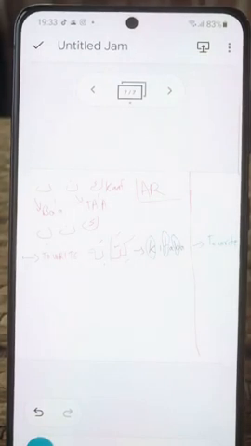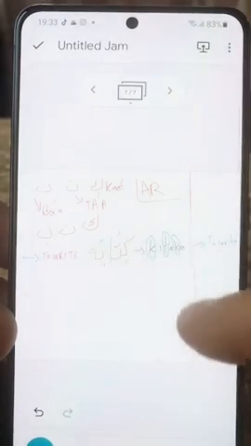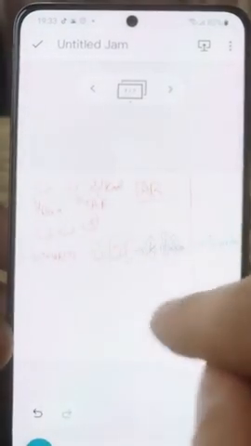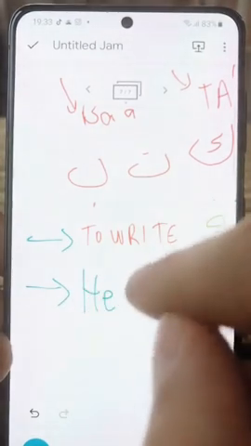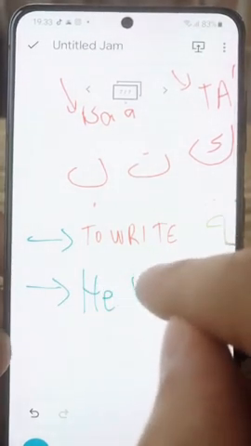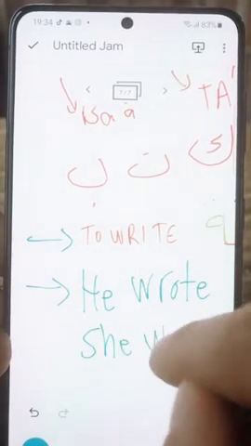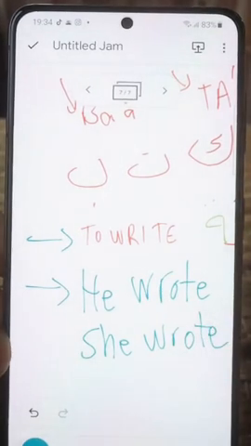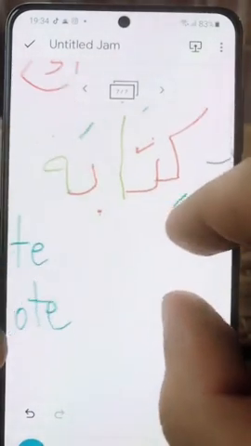We call it the feminine T, تاء التأنيث. So كتب, he wrote. كتبت, she wrote. So, your turn, man. First of all, I want he wrote, and then she wrote. And how to write them in Latin, of course.